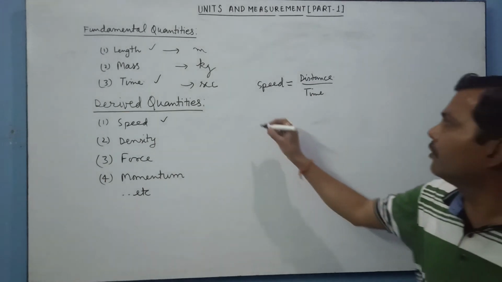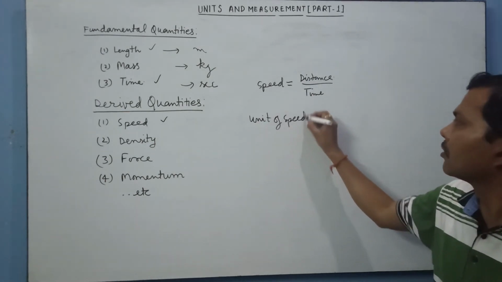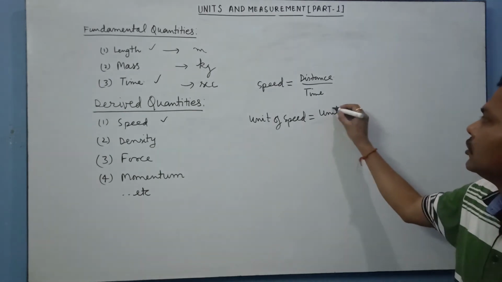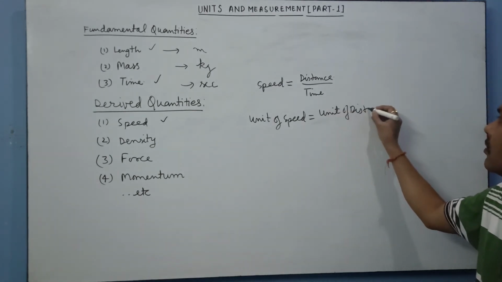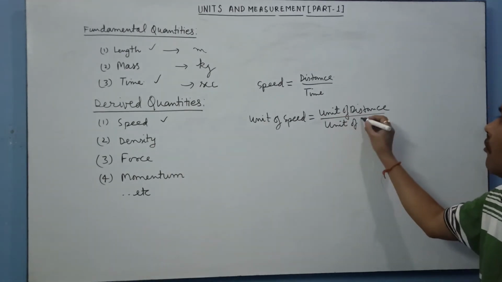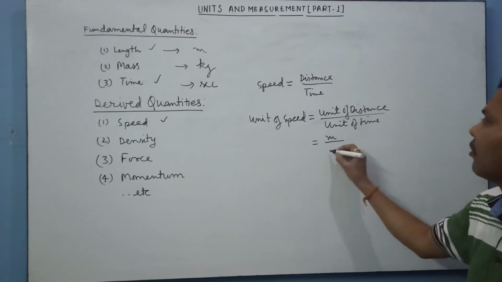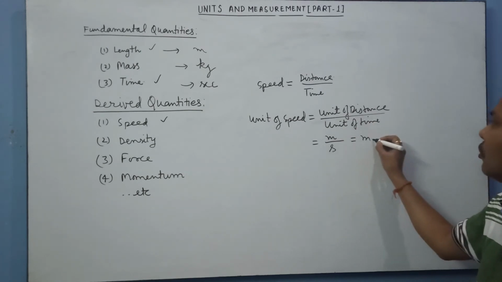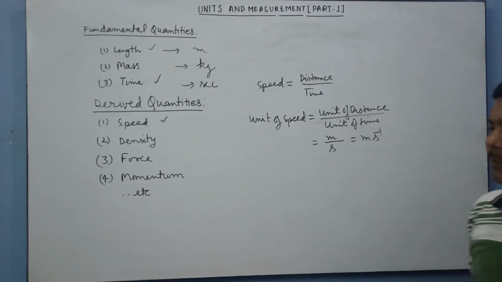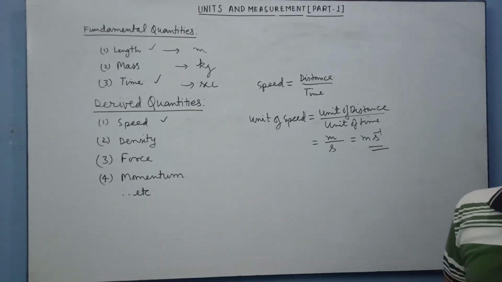So the unit of speed will be unit of distance over unit of time. Unit of distance is meter and unit of time is second. So unit of speed is meter per second and it is a derived unit.